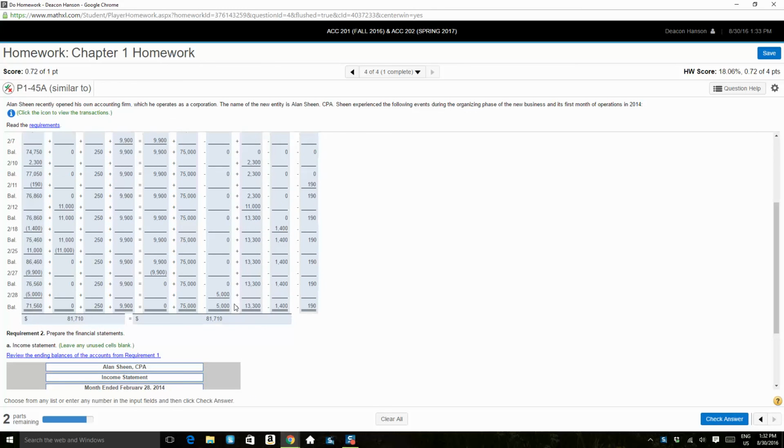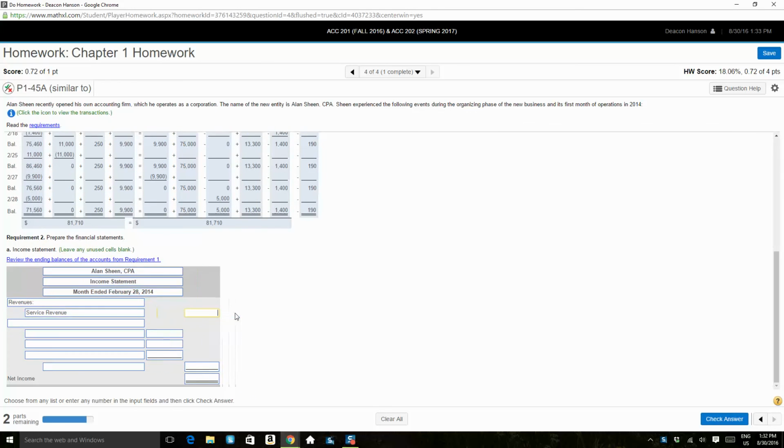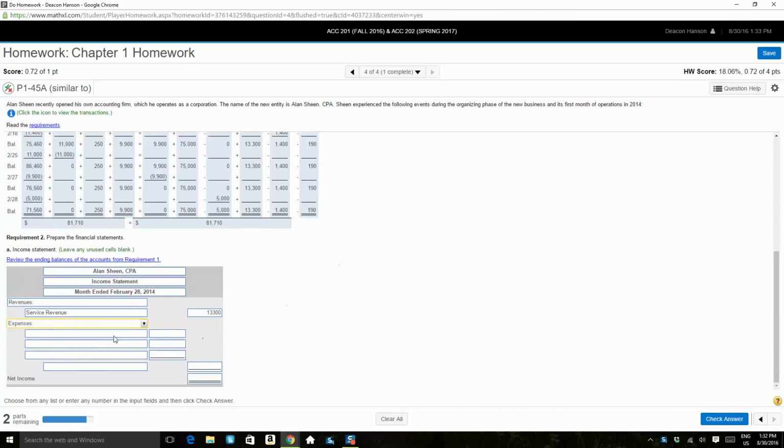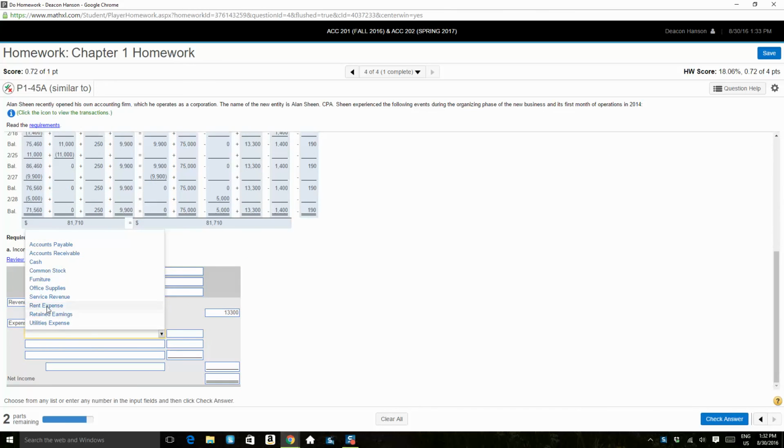Okay, then we're going to have expenses. Let's see, we have rent expense and utility expense. So I'll go rent expense, utility expense, and my rent expense is 1,400 and my utilities is 190.